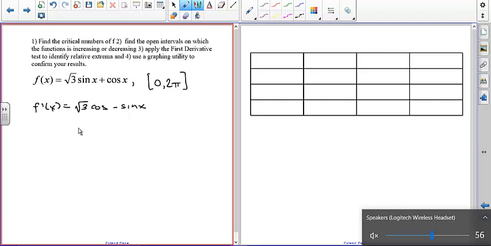Forgot to put x here. So the cases where you have critical numbers is where the first derivative is 0 or it's undefined. Well, because the cosine of x is always defined and the sine of x is always defined, the first derivative is always defined, so we don't have to worry about any cases where it's undefined. We just have to find the values of x where this goes to 0. So we're going to say the square root of 3 cosine x minus sine x equals 0.